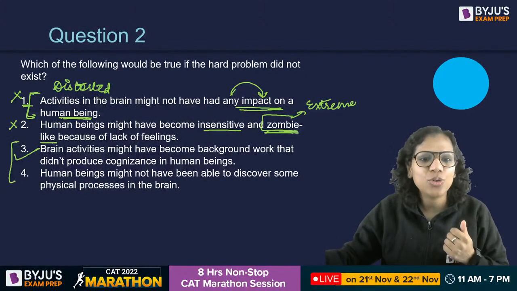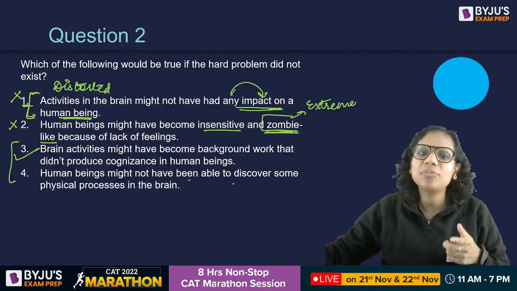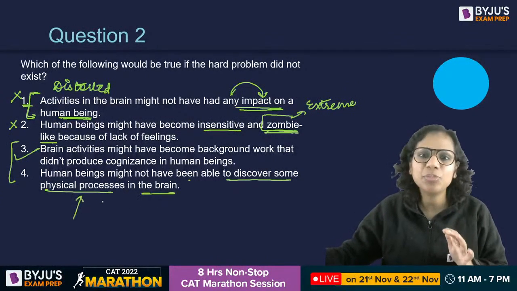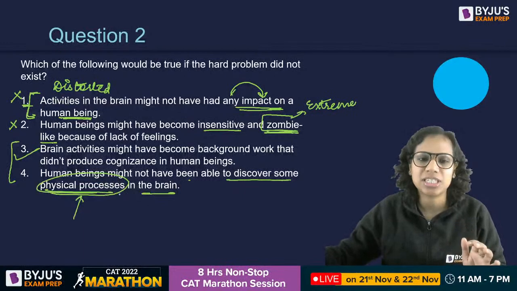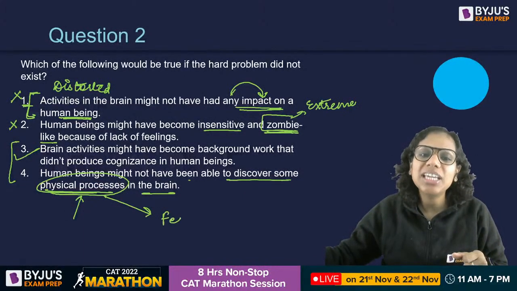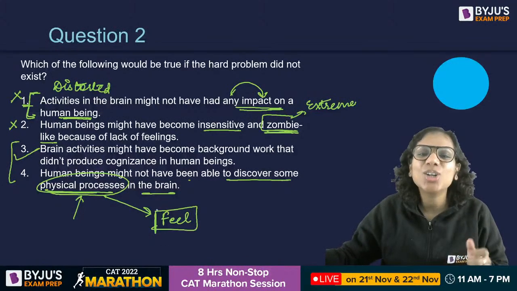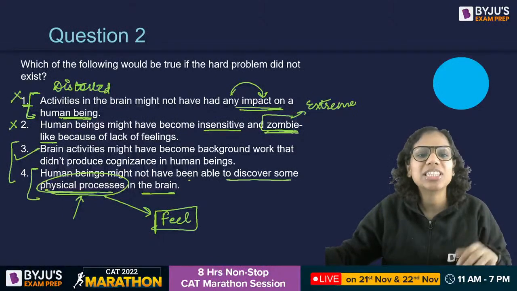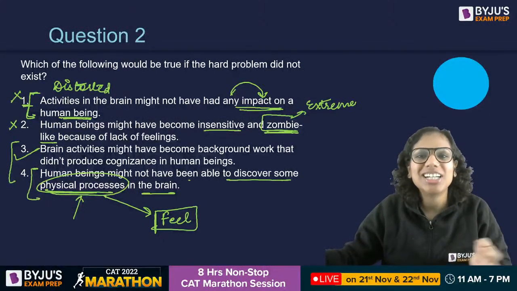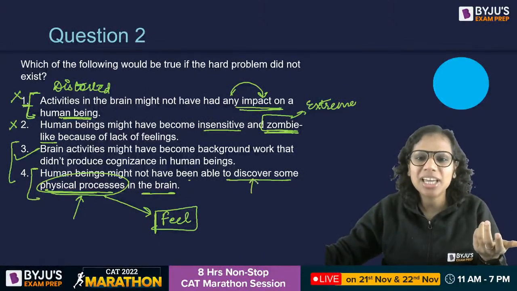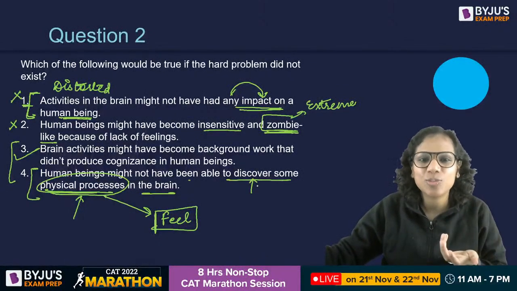Now, between 3 and 4, human beings might not have been able to discover some physical processes in the brain. See, we may have been able to discover the physical processes, just that we would not have been able to feel as a result of those physical processes. That feeling would have been absent. Otherwise, if you, let's say, opened up someone's brain and researched on it, conducted experiments on it, you might have been able to discover some physical processes in the brain.